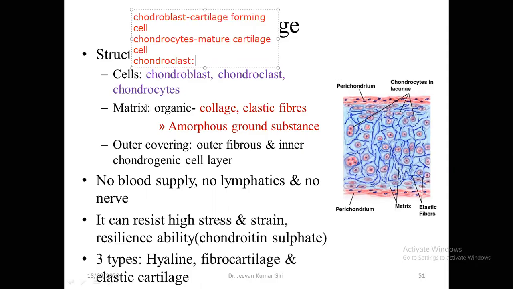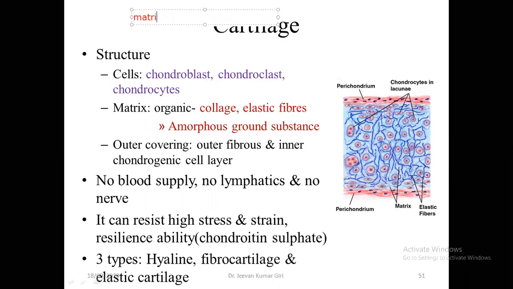This matrix is formed by organic and inorganic compounds. Okay, so the organic compounds you will find are the collagen fiber or elastic fiber. So next is the matrix. In this matrix you will see the organic component and the inorganic component.